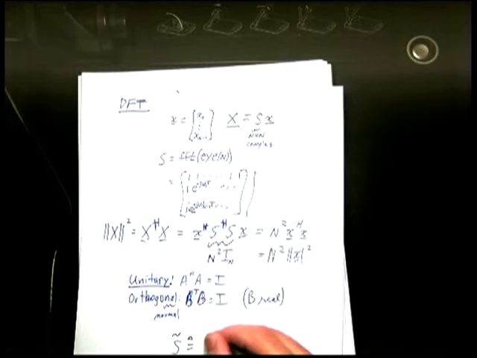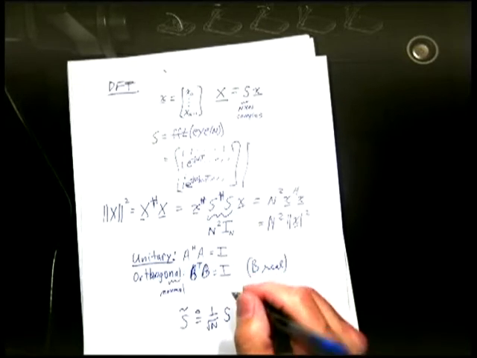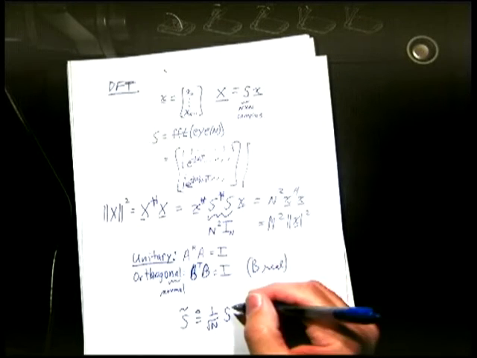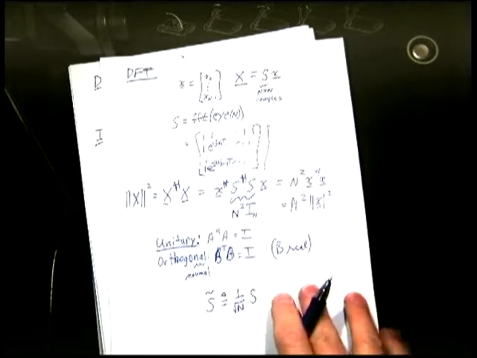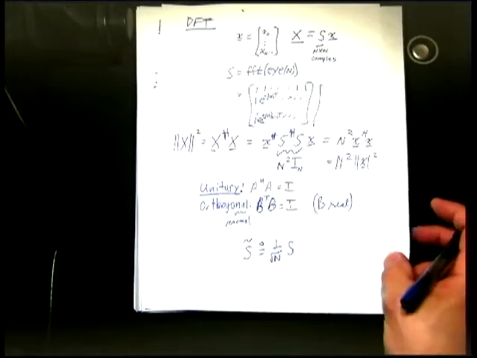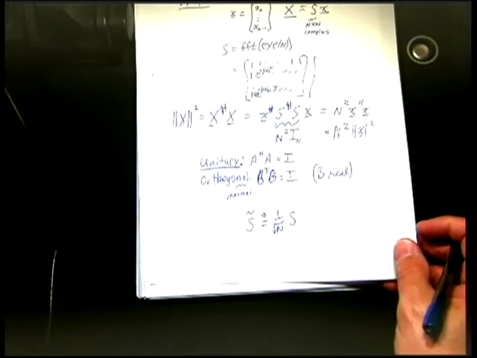S tilde is just defined as 1 over the square root of N times S, and then you have the property you want. Then the DFT will be normalized if you have this square root of N in it.